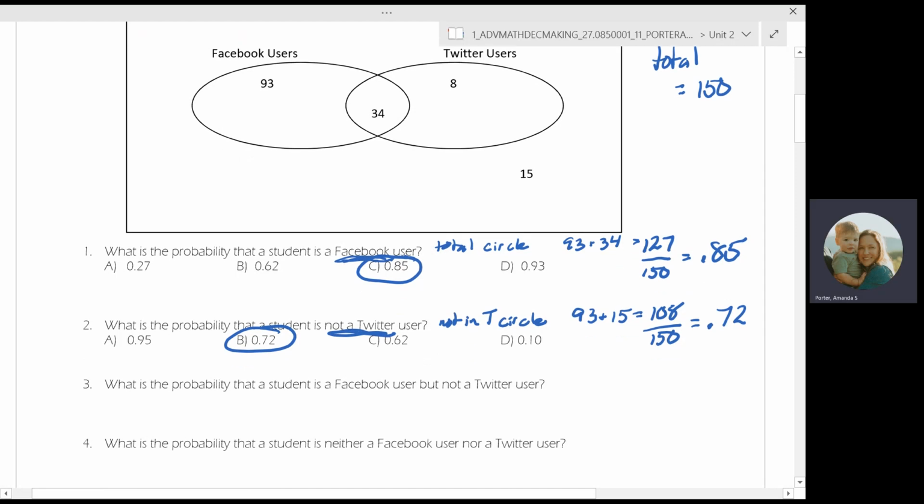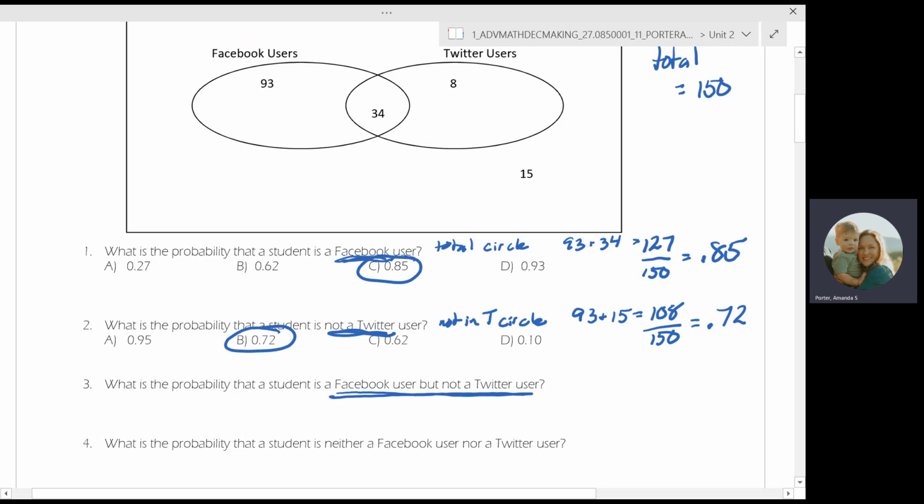What is the probability that a student is a Facebook user but not a Twitter user? Now this gives me two classifications. We have Facebook. We already know Facebook is a circle, but not Twitter. So it's not just a full circle. This is part of a circle.